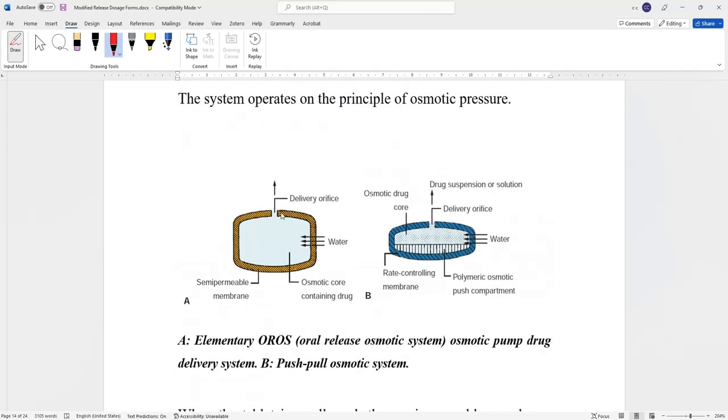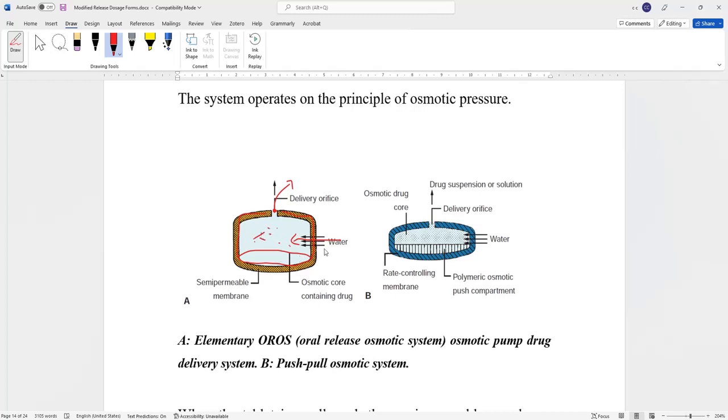So this is the semi-permeable membrane, which only allows water in or out, and this hole will allow only the drug solution to go outside. But what do they put inside? They put an osmotic core. It's a polymer that provides an osmotic pressure so that it can draw water inside, and the drug is here.